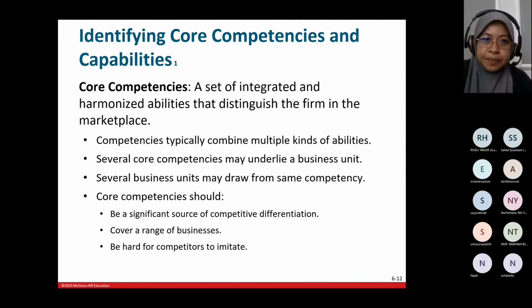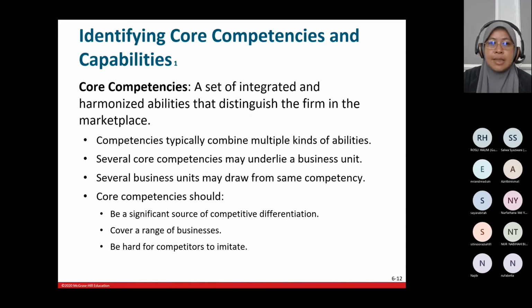Okay, now when talking about advantage, we have what I call core competency and capabilities. Core competency is a set of integrated and harmonized abilities that distinguish the firm in the marketplace.